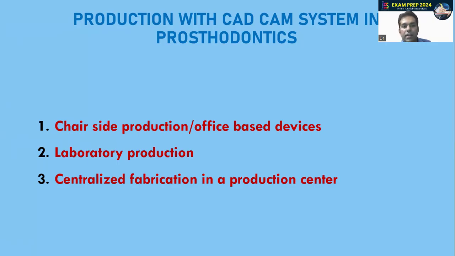And the third type is centralized fabrication in a production center. In this, there is provision of different satellite scanners, and all these satellite scanners are connected with a central processing unit where all the images sent by these scanners are processed, and the restorations are fabricated.